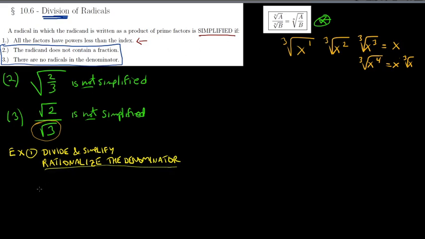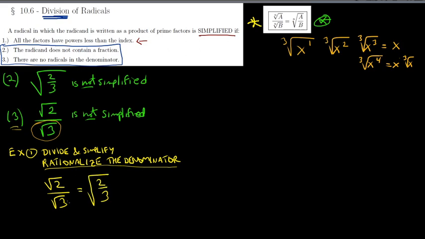Okay, so let's look at the square root of 2 divided by the square root of 3. What could we do here? We could combine them using the rule at the very top right, and write this as the square root of 2/3. We're allowed to do that.